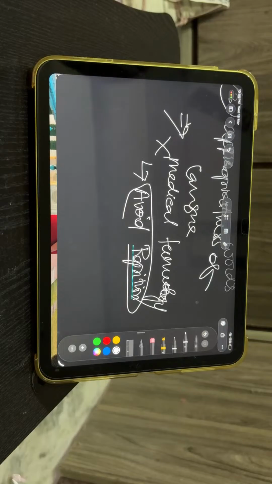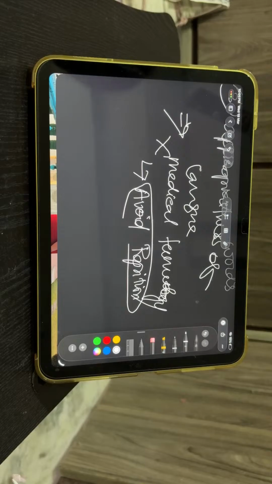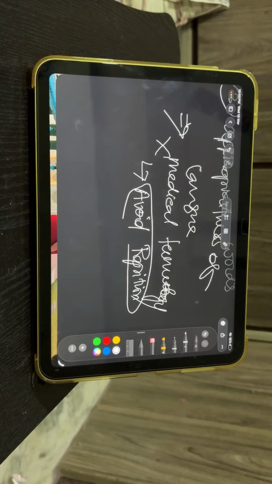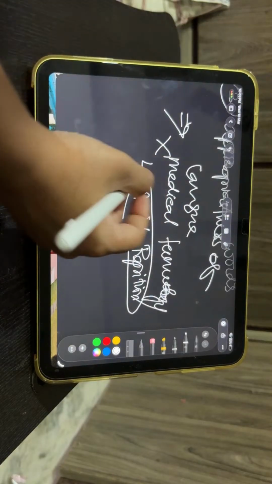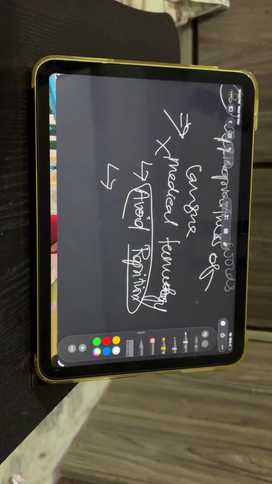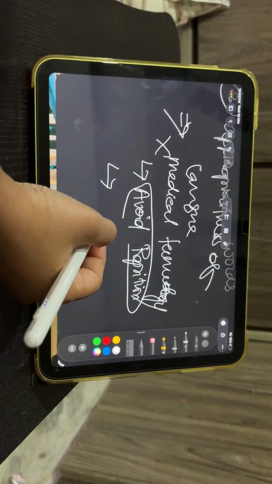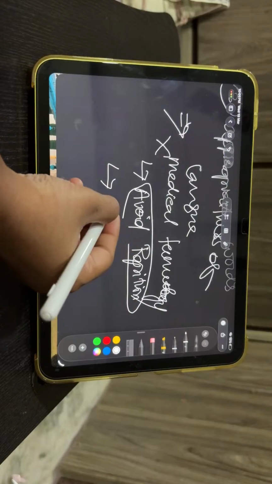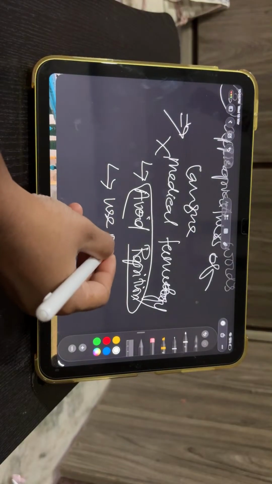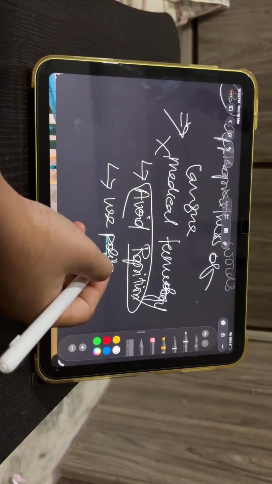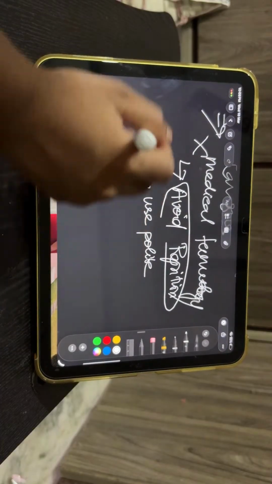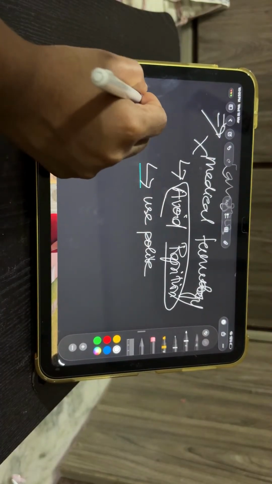Already you have used I would like to, so next time you have to use could you please. According to the sentence, you have to use however, like that. And your words should be polite. So this is the appropriateness of the language they will be assessing.